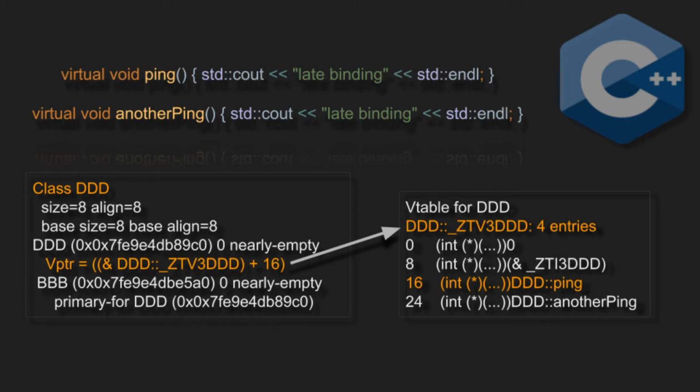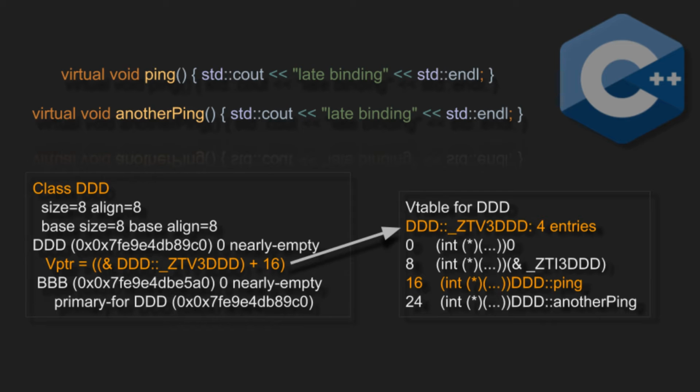If there is no virtual function, there won't be any virtual table. If there is at least one virtual function, there will be a virtual table for that particular class.